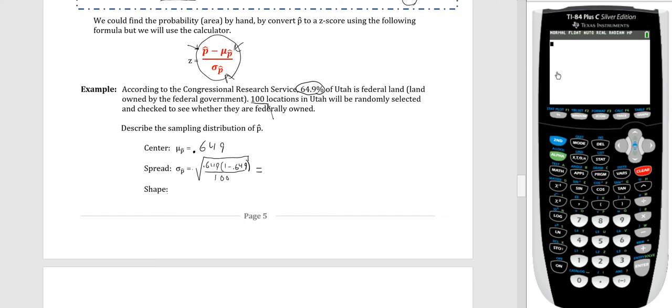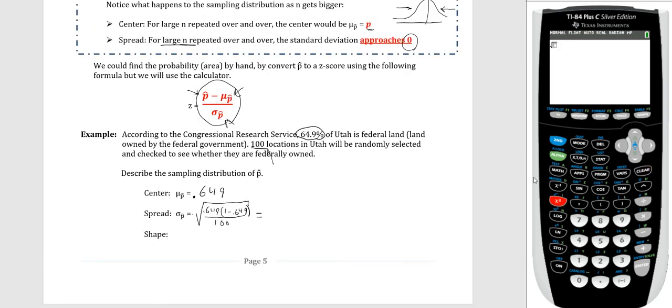If I go over to my calculator, I type in the square root of 0.649 times 1 minus 0.649 divided by 100. That gives me my standard error here, 0.0477.